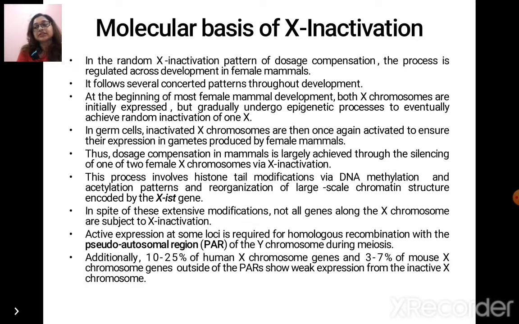Active expression at some loci is required for homologous recombination with the pseudo-autosomal region of the Y chromosome during meiosis, which we have already discussed. Additionally, 10 to 25% of human X chromosome genes and 3 to 7% of mouse X chromosome genes outside of the PARs show weak expression from the inactive X chromosome.